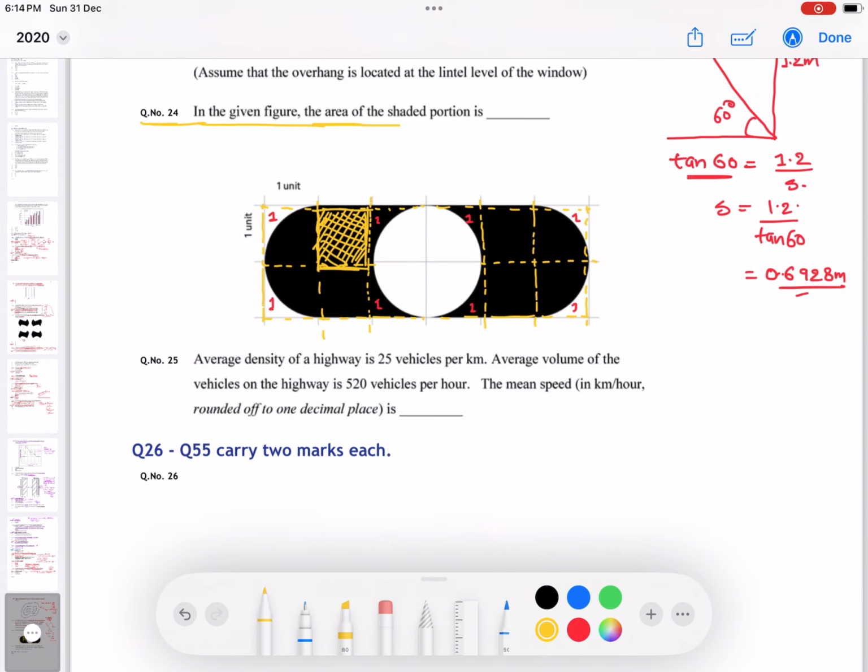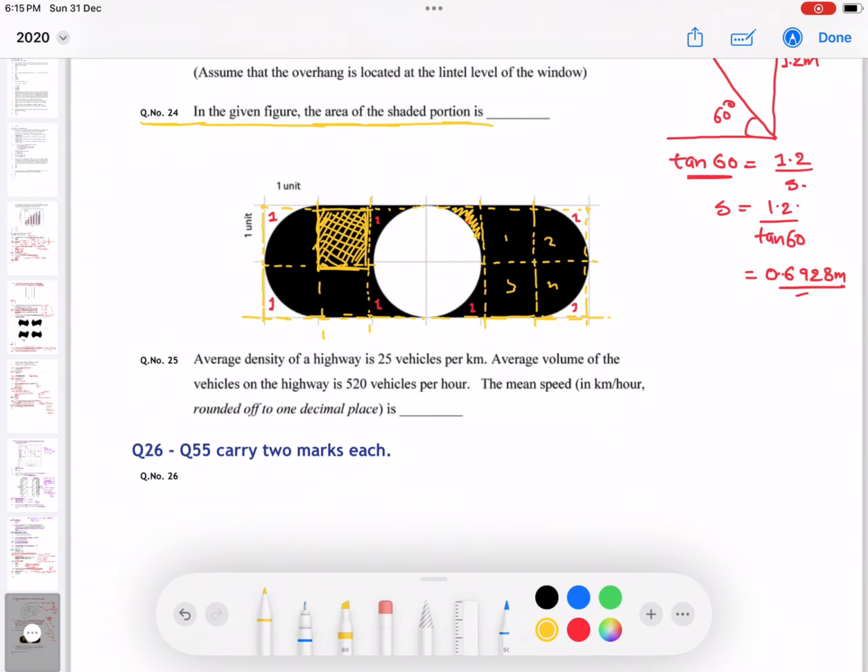Question number 24. In the given figure, the area of the shaded portion is. So I have drawn this for you to simplify it. The shaded portion is the black area, which they are asking the area of. They have given 1 unit by 1 unit squares. You can see there are a total of 8 squares, 4 on that side.